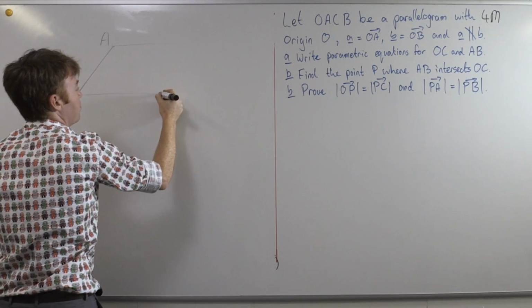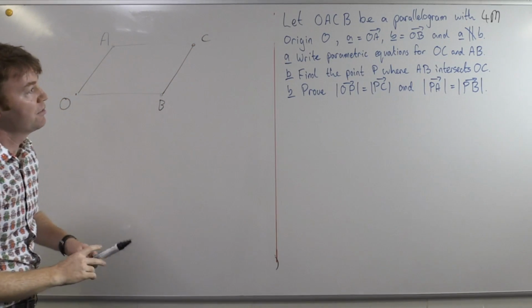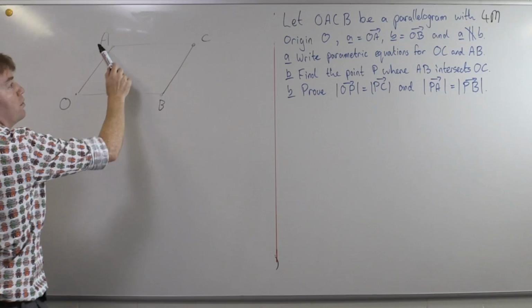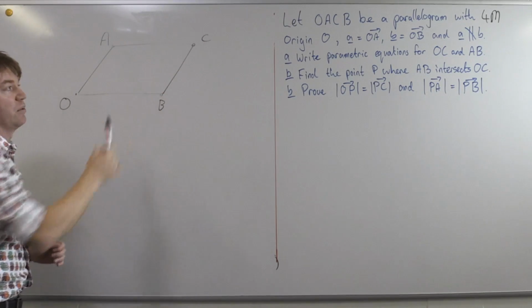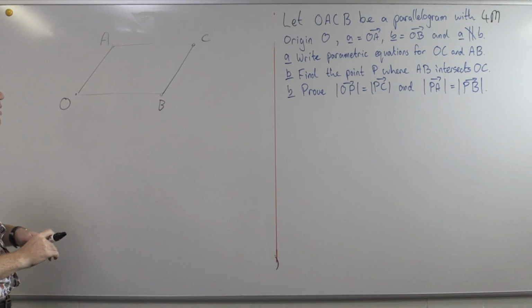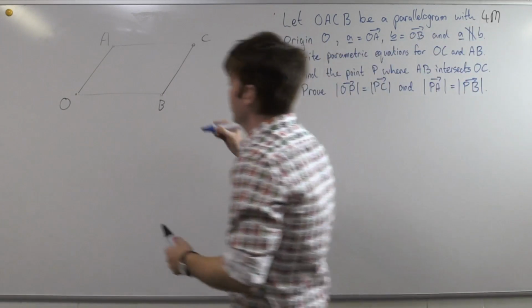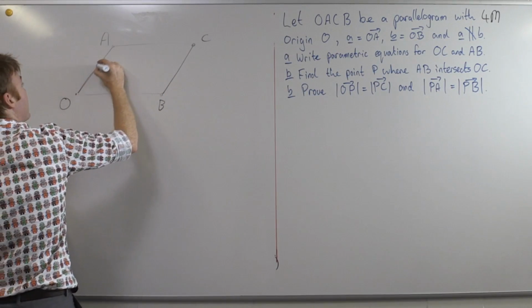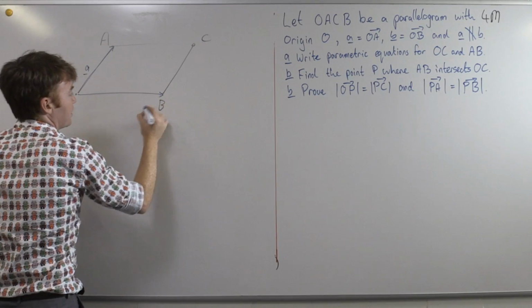We're given B, C. So we're given the parallelogram OACB like that, and they have to go in the same order that they were written. We're also given the vectors A and B. So I might pop those on. Here's the vector A to OA, like that, and here's the vector O to B, like this.